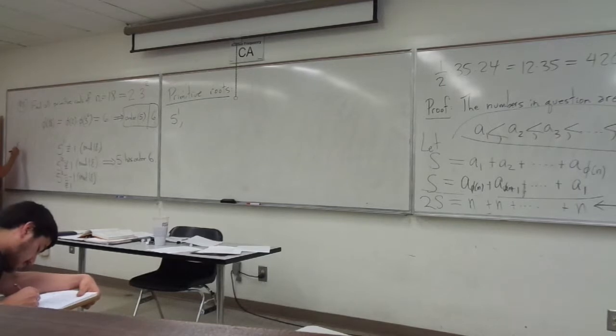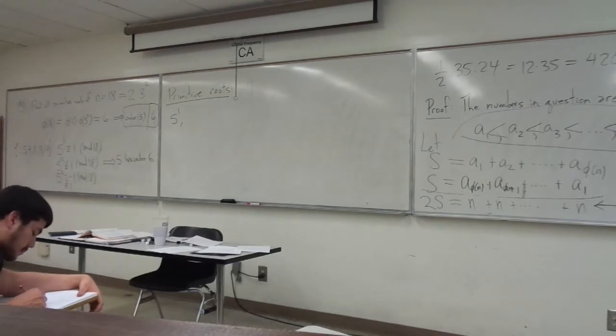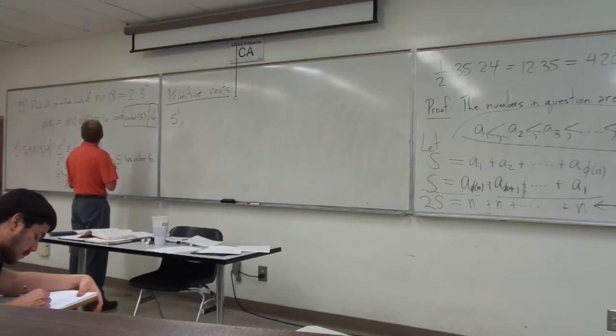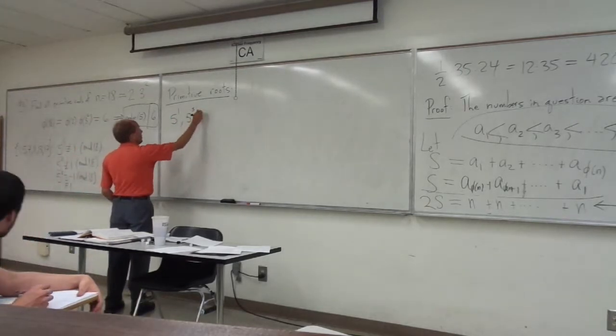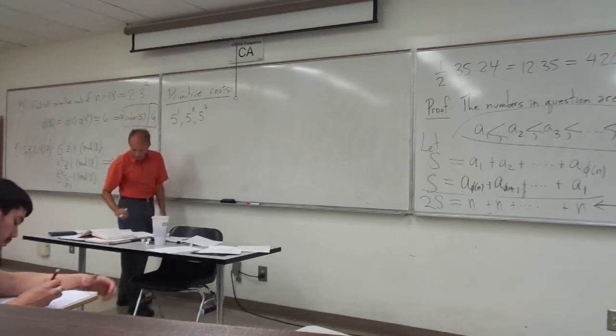So 1, obviously, 5, 7, 11, 13, and 17. So these powers of 5 would give them to me, right? So 5 to the first, 5 to the fifth, 5 to the seventh, right?